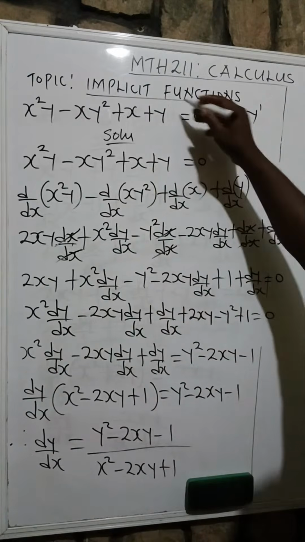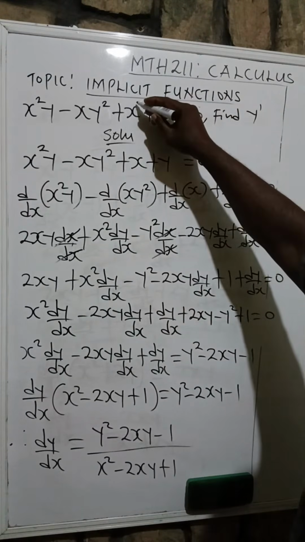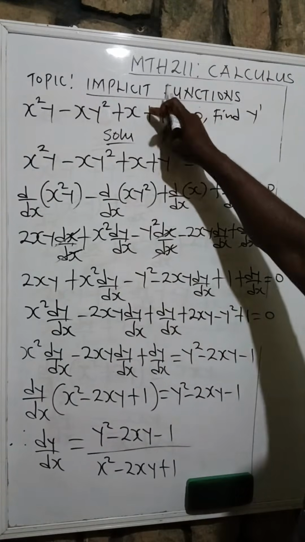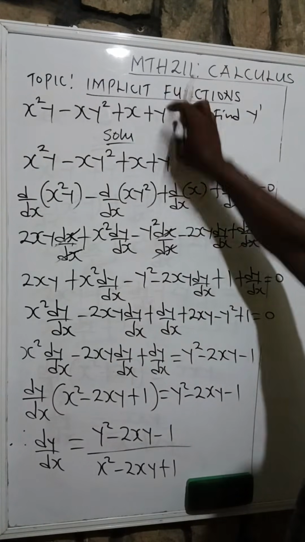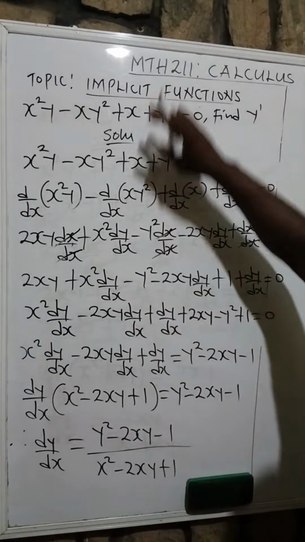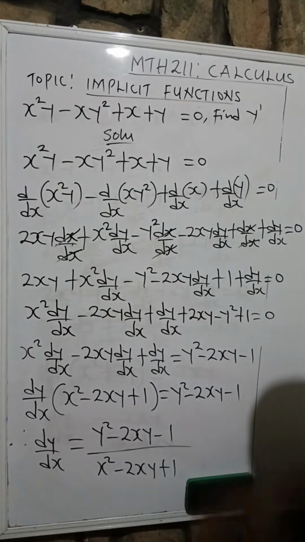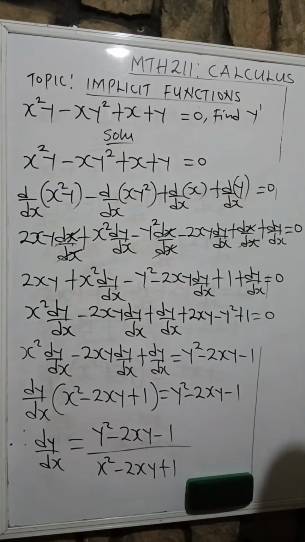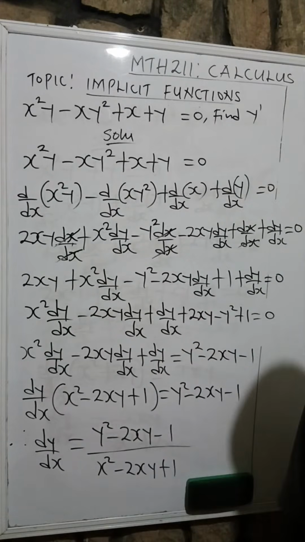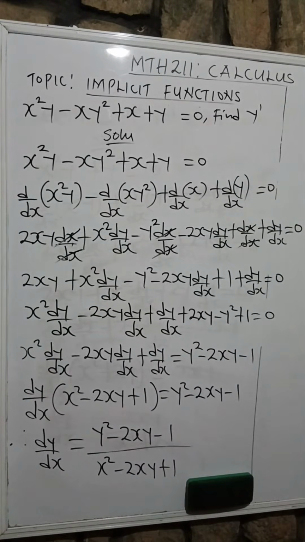But if it is y squared, even x2 is squared. I forgot to put the square here and here. So you can leave it like this, no problem. You can solve it. This is how you are supposed to have the answer. Is that clear?